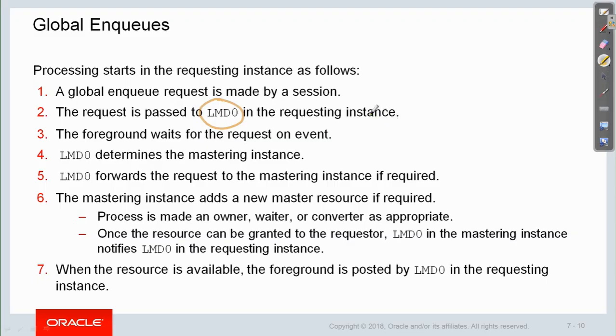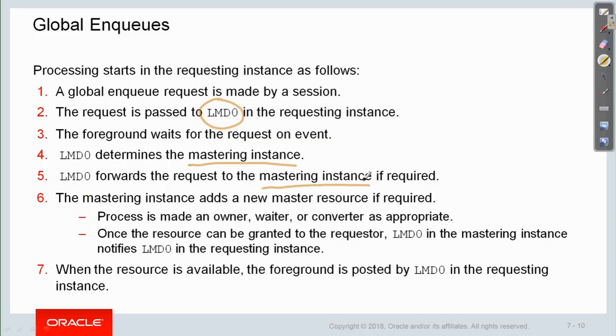So when a user requests the global enqueue, then the LMD process in the requesting instance checks the ownership of a resource. And when needed, LMD locates the master instance and forwards the message to the master instance.